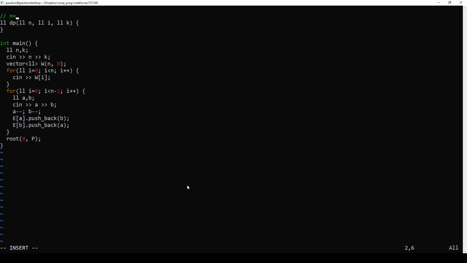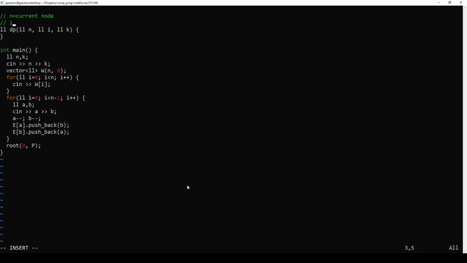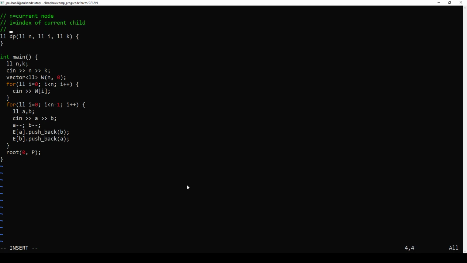Node I is the index of current child. I'll explain what I mean by that more in a bit. And then D is the closest node in set outside the subtree. Let's call this X.